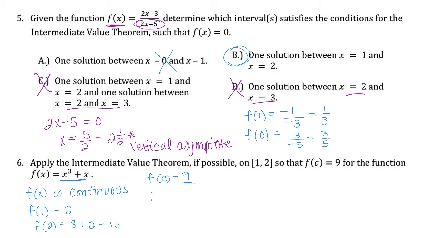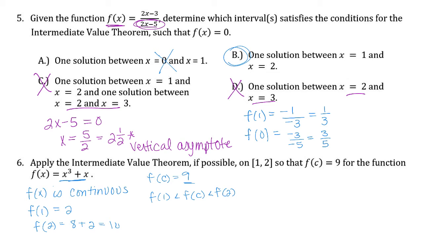And we're going to go ahead and list that f at 1 is less than f at c, and that in turn is less than f at 2. So with f of x being continuous and this part of it, we can just build on that.